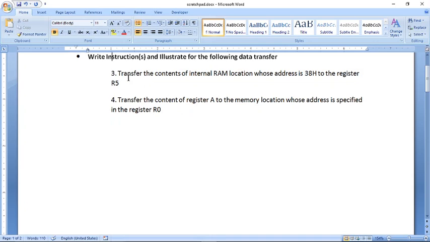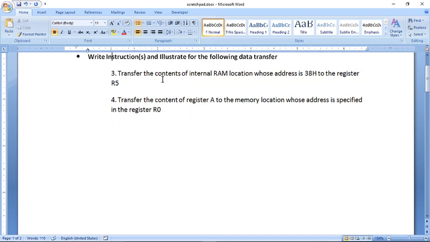Here we can see: write instructions to illustrate the following data transfers. The first one is to transfer the contents of the internal RAM location whose address is 38H to the register R5.